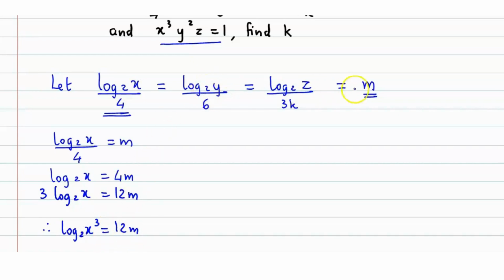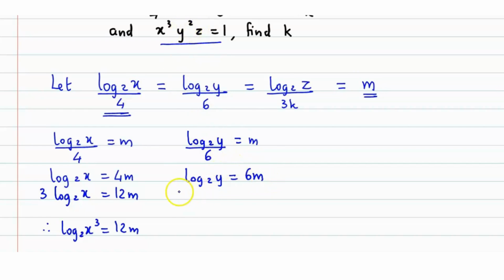Now let us consider the second part, that is log y to the base 2 upon 6, let this be also equal to m. ये यहाँ पे आ जाएगा तो 6m हो जाएगा. So log y to the base 2 is equal to 6m. अब y का पावर हमें चाहिए 2, that is y square.